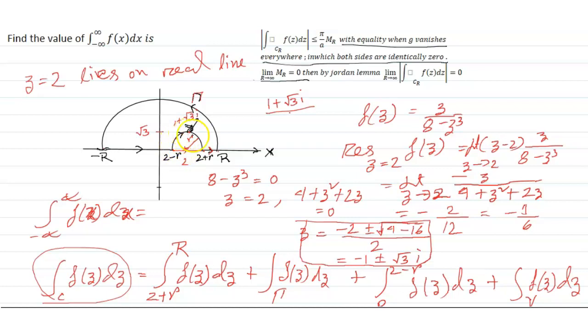This circle avoids the point 2, and this is the technique. I draw a small radius, a small r, because I avoid this point in my contour.